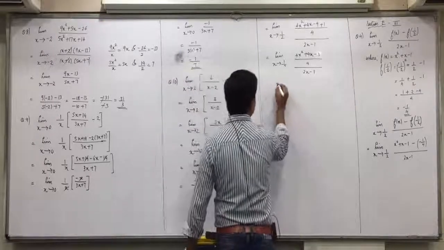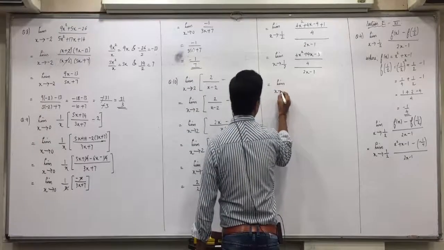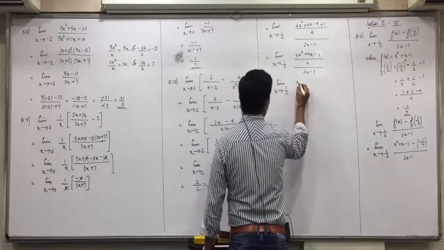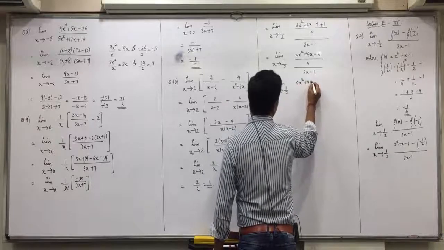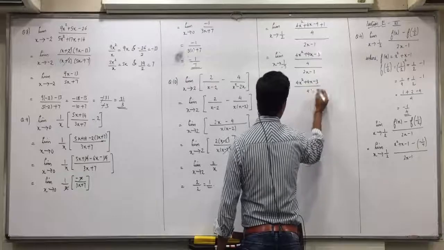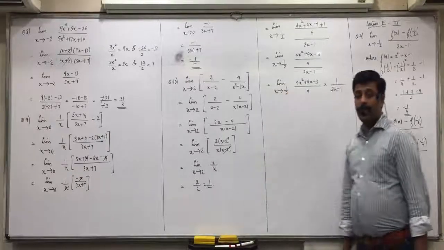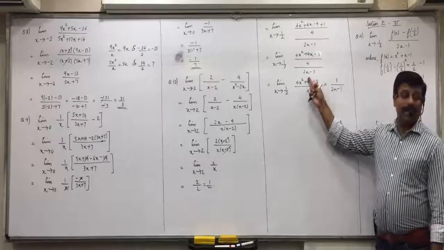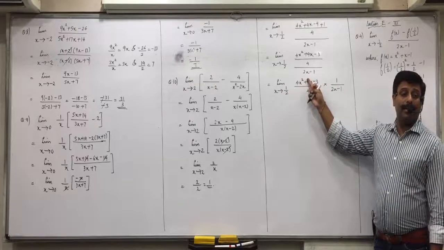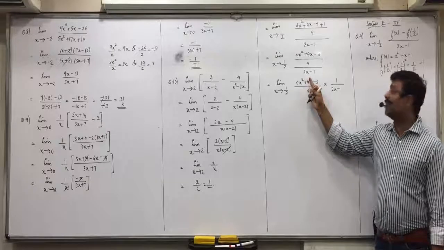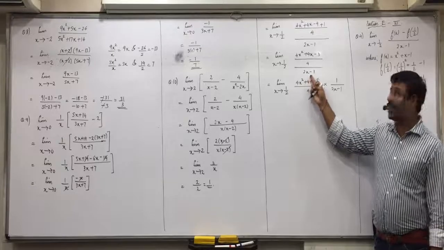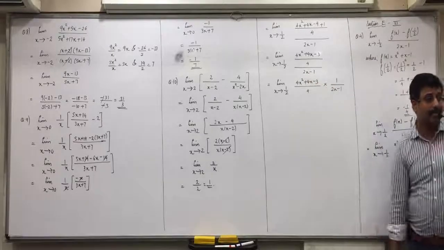Now can I say limit x tends to 1 by 2, 4x square plus 4x minus 3 divided by 4, into 1 upon 2x minus 1. Divide by 2x minus 1 means multiplied by reciprocal. So instead of writing divide by 2x minus 1, can I write into 1 upon 2x minus 1?